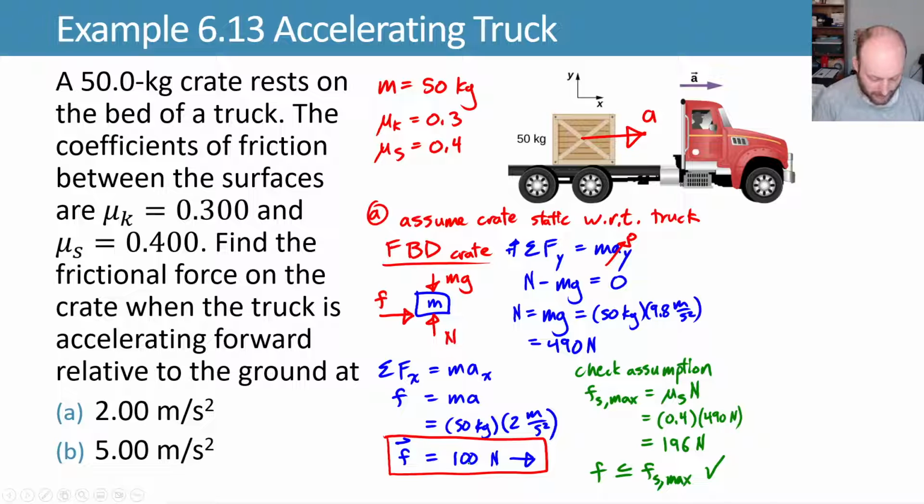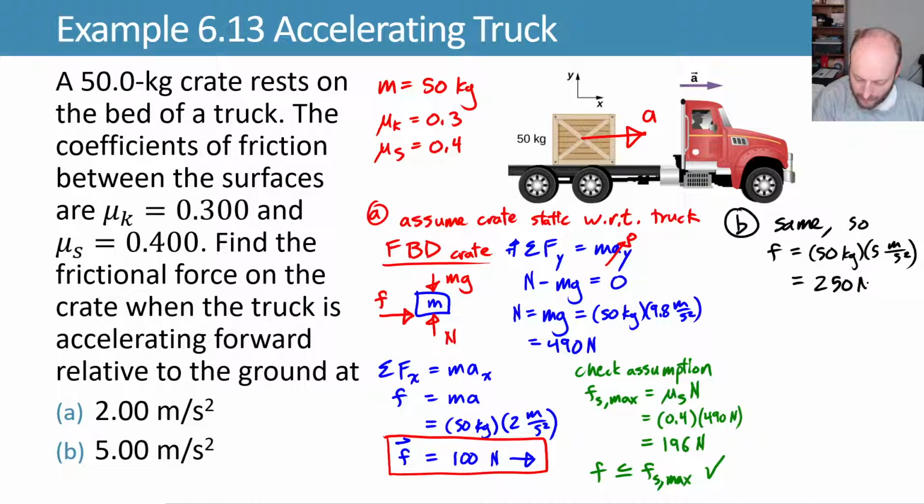How about for 5 meters per second squared? Well, for part B, everything's the same, except now we have just a different acceleration. So this gives us that my force of friction is equal to 50 kilograms times now 5 meters per second squared, which tells me that I have 250 newtons worth of frictional force. When we check our assumption, is F less than or equal to my maximum static frictional force?